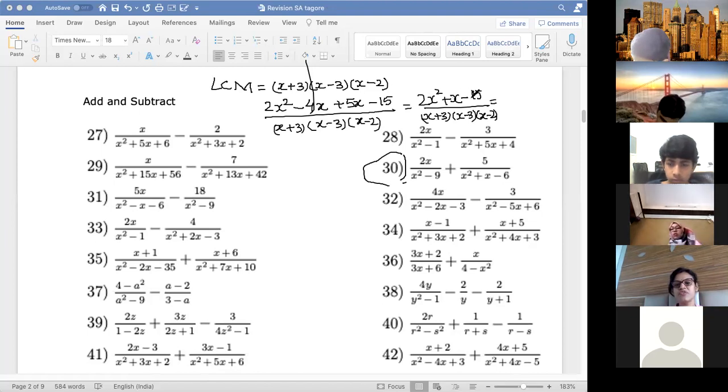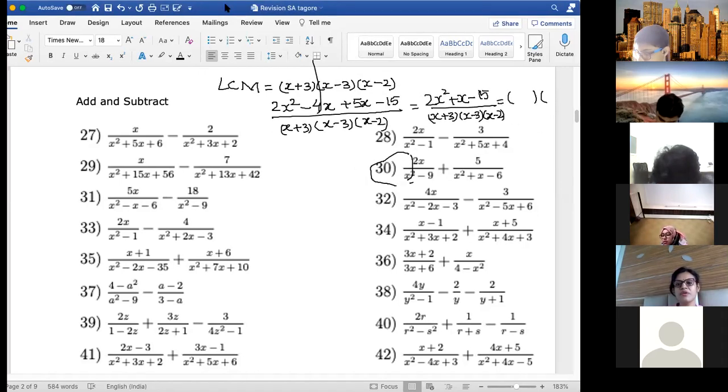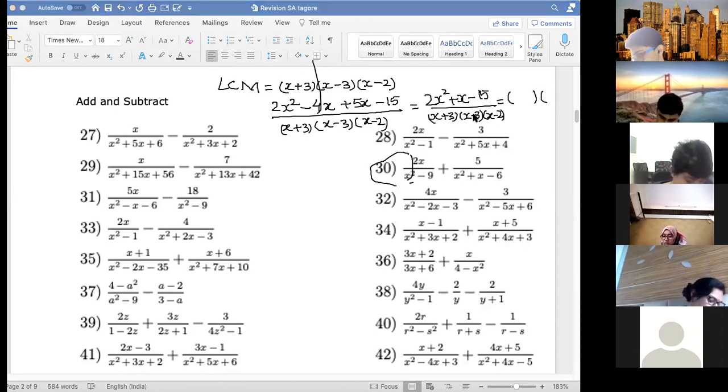So 6x and 5x. When you simplify this, I'm just writing the brackets directly. You can do the simplification part. So when I simplify it, you will get 2x minus 5 and x plus 3.